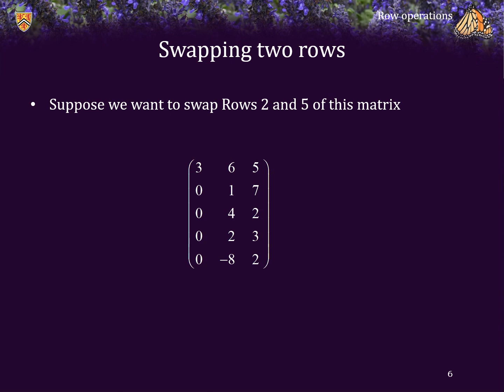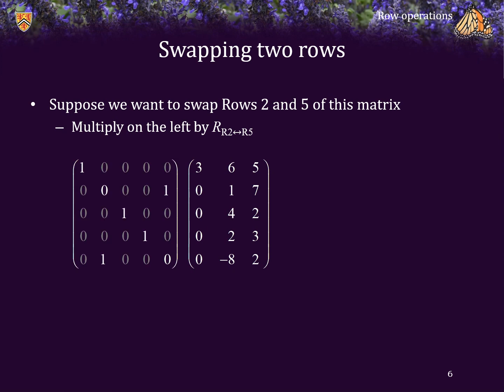So to achieve this, we can multiply on the left by the 5 by 5 matrix that swaps rows 2 and 5. That's this matrix here, which is the identity matrix with rows 2 and 5 swapped. So if we now multiply these two matrices together, we get the matrix that we started with, but now with rows 2 and 5 swapped.